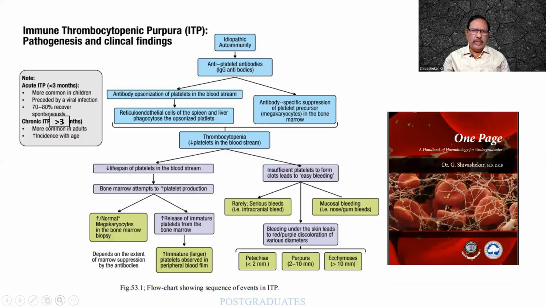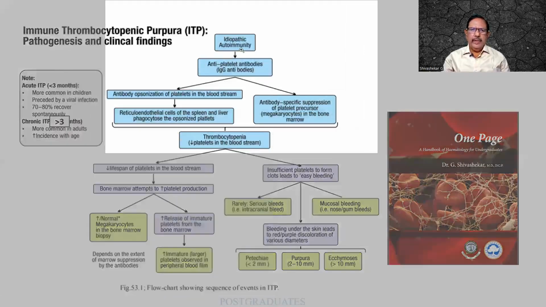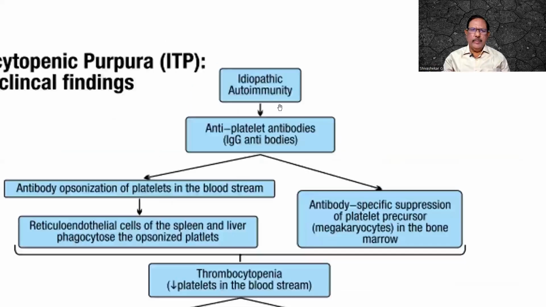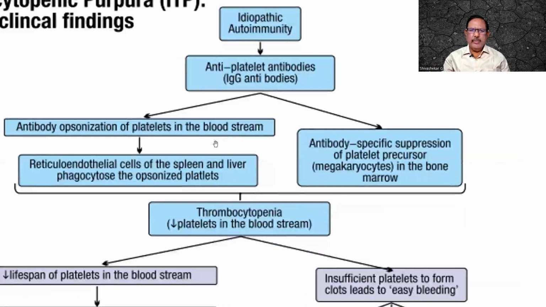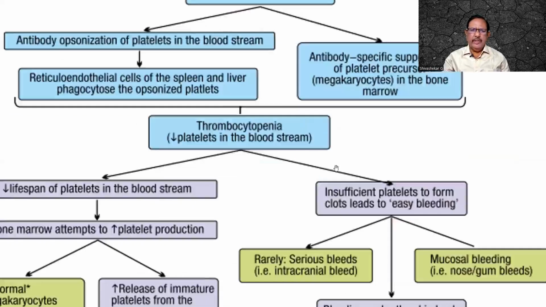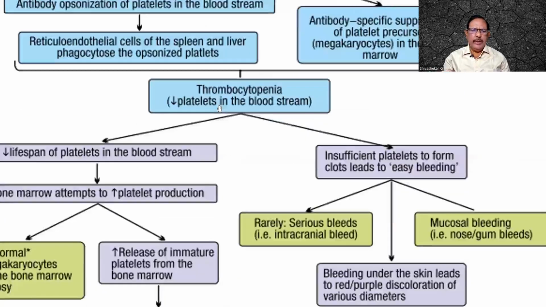So this is what you are seeing. It is an idiopathic autoimmunity. There will be antiplatelet antibodies. Because of these antibodies, there is an opsonization of the platelets leading to their destruction. Also, there can be a suppression of the megakaryocytes leading to a thrombocytopenia.